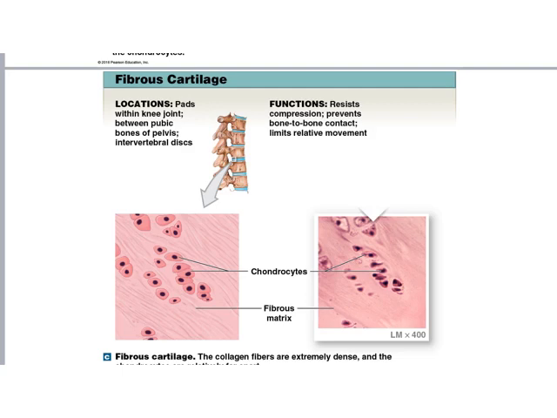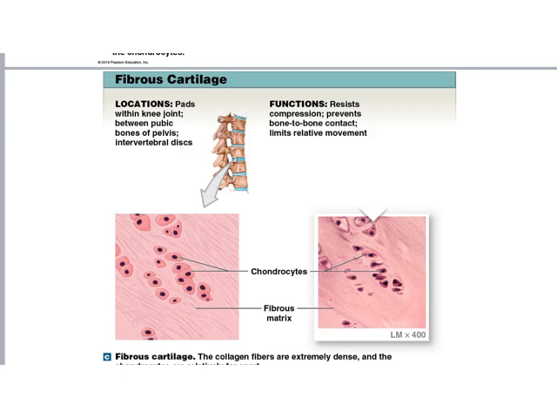And then lastly is going to be fibrous cartilage. This is going to be pretty tough cartilage. It's not going to want to move as much, but it is going to help absorb some of the shock.